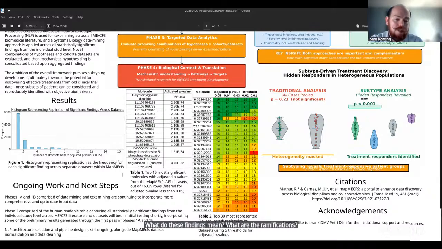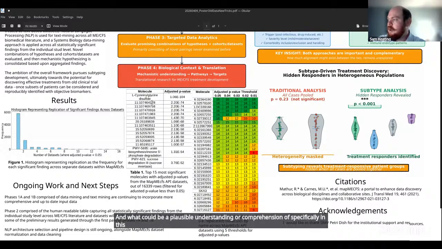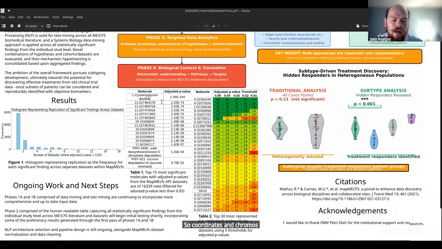And what could be a plausible understanding or comprehension of, specifically in this table, a lot of these are human genome chromosome number, 11, this one, and then the base pair position. So coordinates and chromosomes in the human genome. I think most of these, if I recall right, are CpG methylation sites, so epigenetics.